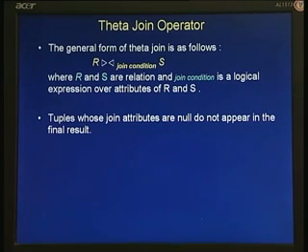Now it may so happen that in some cases the join attributes may be null, which is also true even if there is referential integrity. That is, there may be a lab.name which is missing from a student record. In such cases those tuples do not appear in the result. That is, whenever a particular tuple cannot be combined with a corresponding tuple from the other relation, such tuples do not appear in the final result.